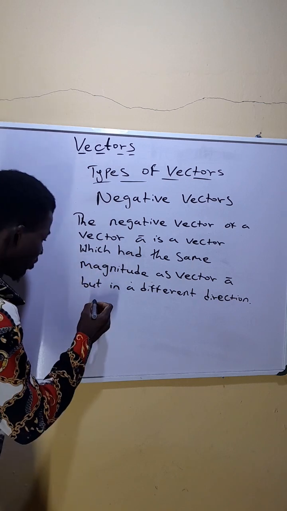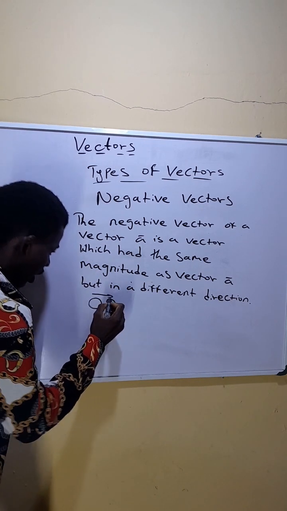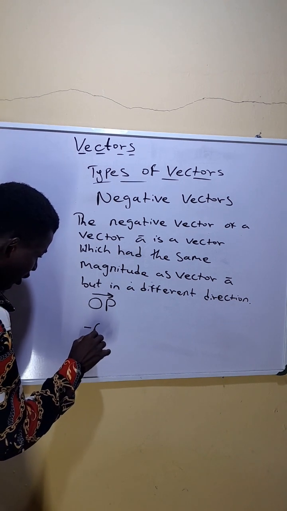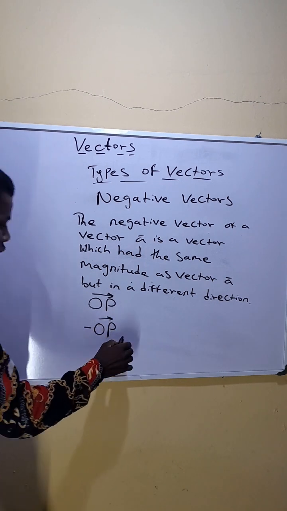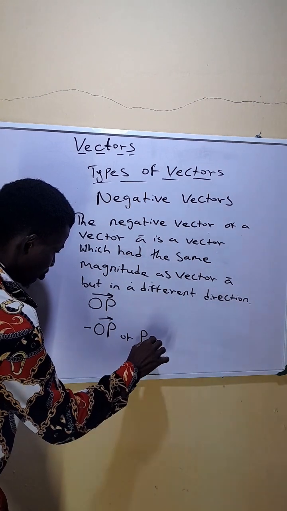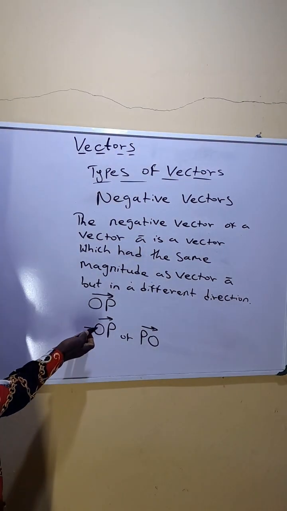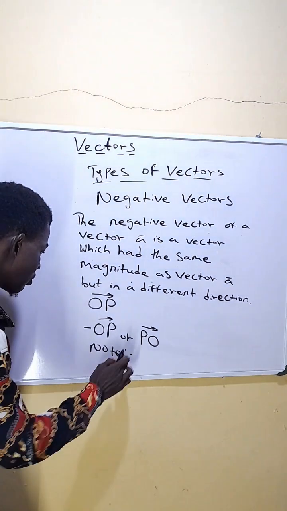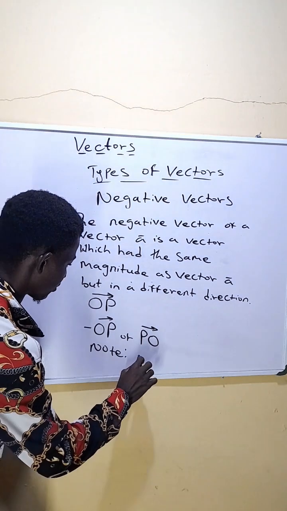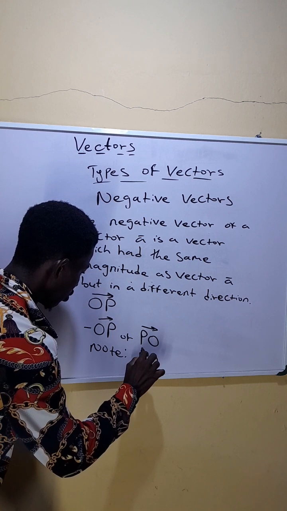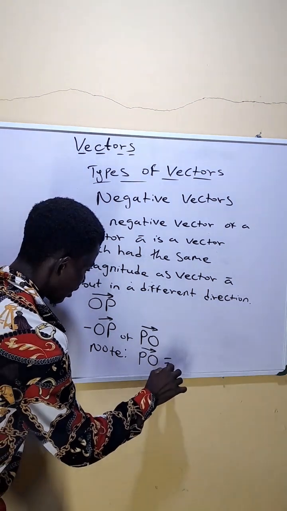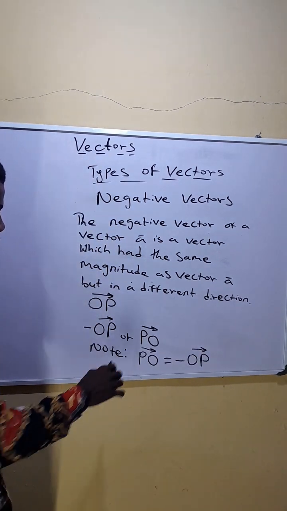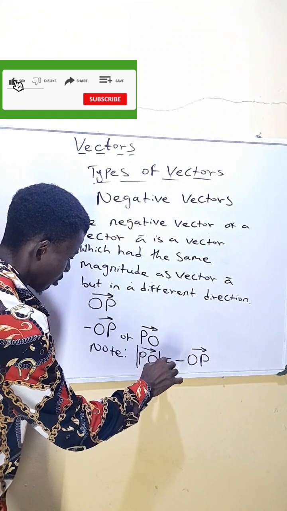Remember the example we gave earlier about OP, a vector moving from O to P. The negative of this vector can be written as minus OP, or we can say PO, moving from P to O. Note that PO, a vector moving from P to O, is equal to the negative of the vector moving from O to P. And remember, they must have the same magnitude.